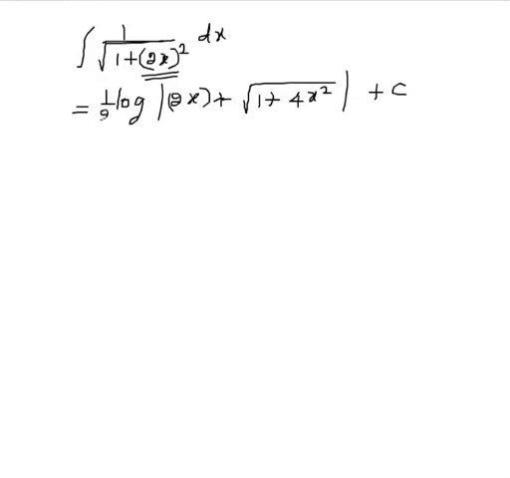But don't forget to divide by the coefficient of x. We may forget to divide by the coefficient of x. So that's why it is a better practice to take out the coefficient of x square and then do the integration.